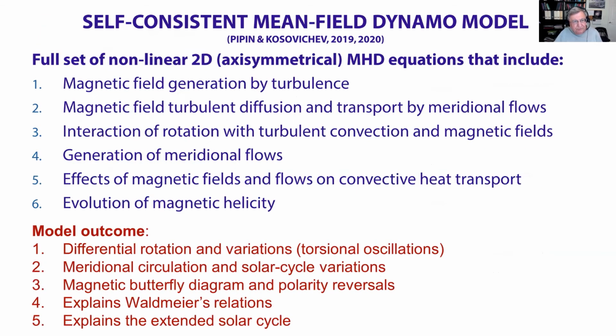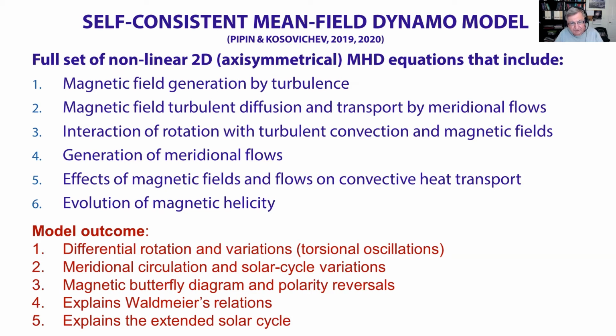So these are the three approaches. We use the last approach. Valery Pipin developed this model and code, and it includes everything that we currently know about the interaction between turbulence and large scale in this mean-field theory.